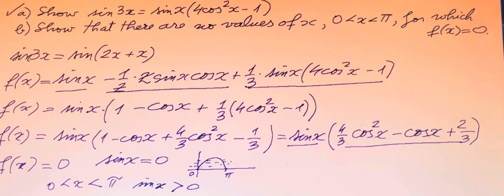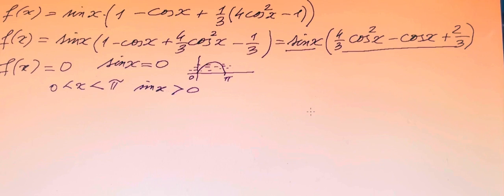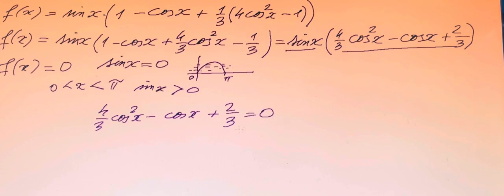Let's analyze further what happens in the bracket. So we can also have 4/3 cos squared x minus cos x plus 2/3 should be 0. We can look at this equation as a quadratic equation by substituting cos x with y.